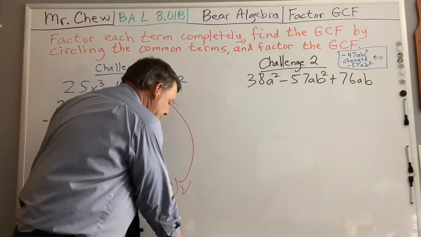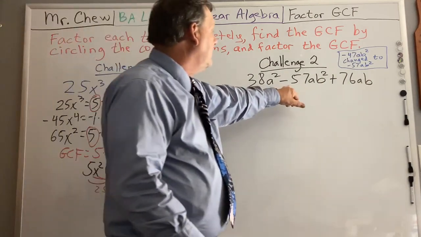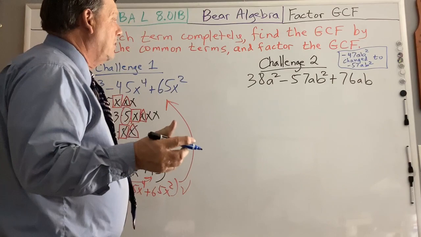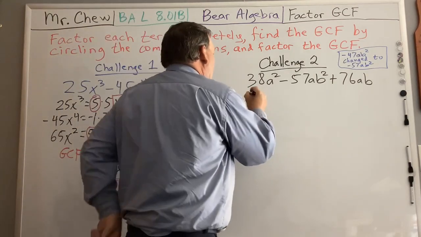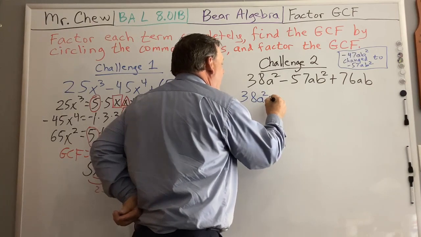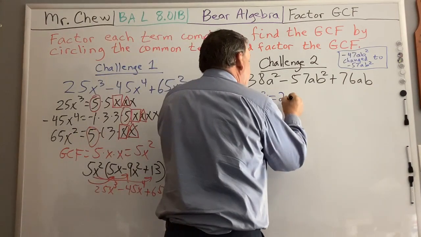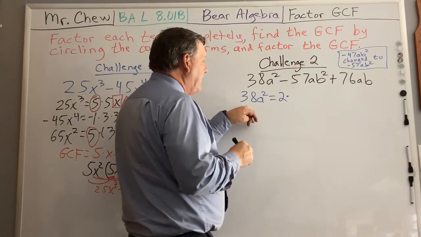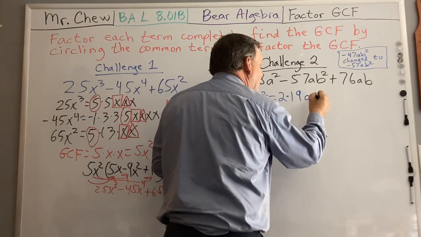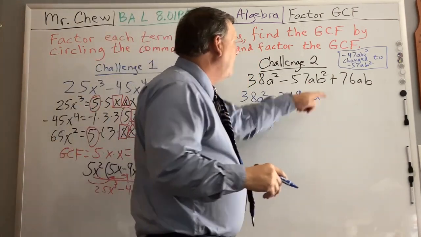Now let's look at challenge 2, and remember you had to change this to minus 57ab squared or it's not going to work. So I'm just going to write them down now without using a factor tree and show you how I would do this in my head. I'd say, what's the lowest prime? 2 times what? 19. 19's a prime. A squared is A times A. Then I do negative 57ab squared.